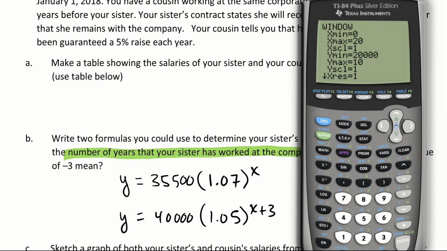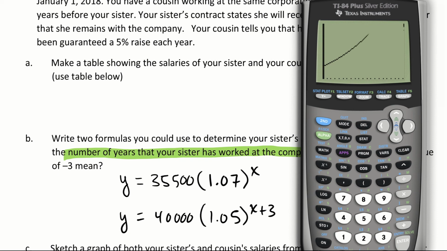And I know that when she catches up, it's going to be higher than 40,000, right? So I might say, let's start at 80,000. I'll do it actually 90,000. So again, if Y is the amount of money, I'm going to be looking at values from 20,000 up to $90,000. So let's take a look at this graph now with this improved window.